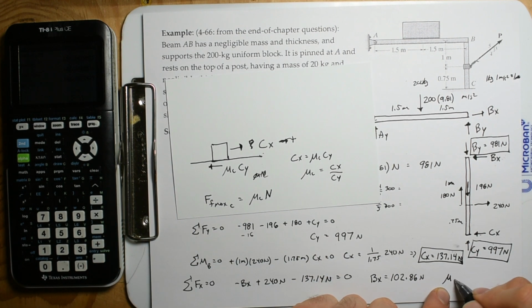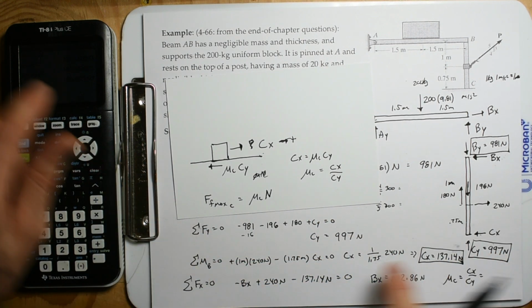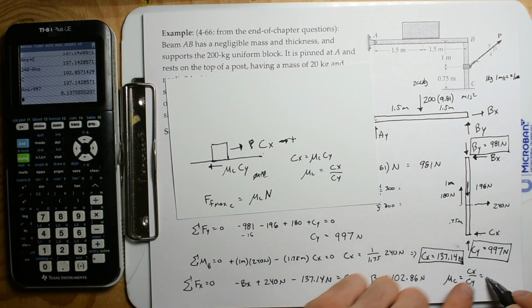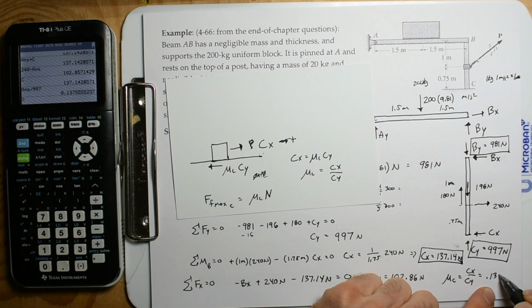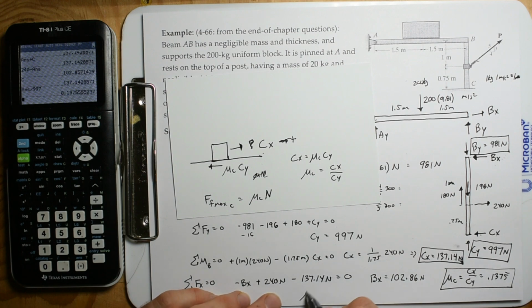So mu C is going to be CX divided by CY, this divided by that. So we have alpha C divided by 997, and we get 0.1375. Hell yeah.